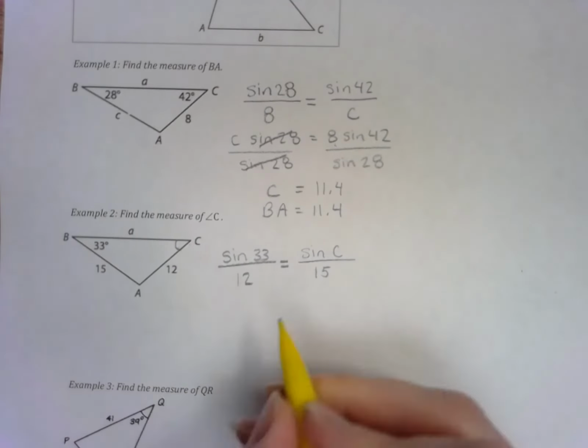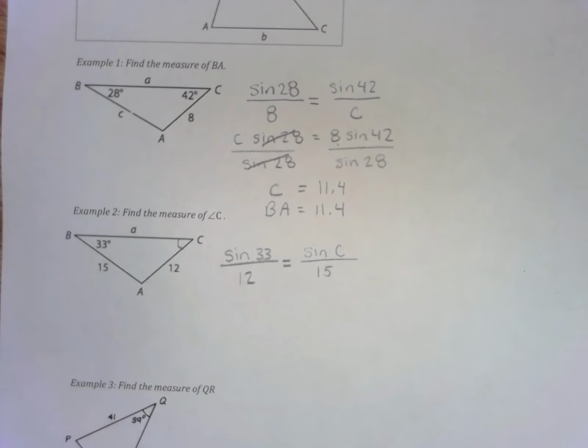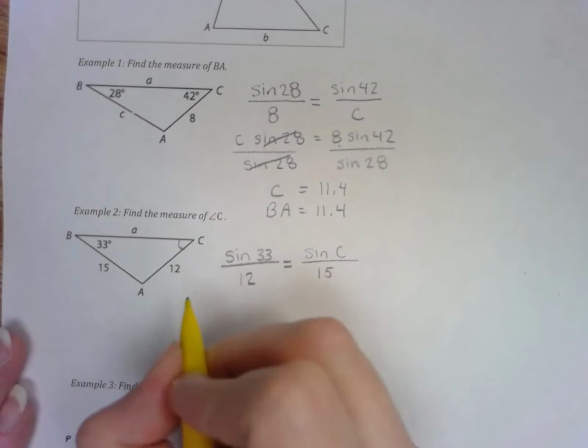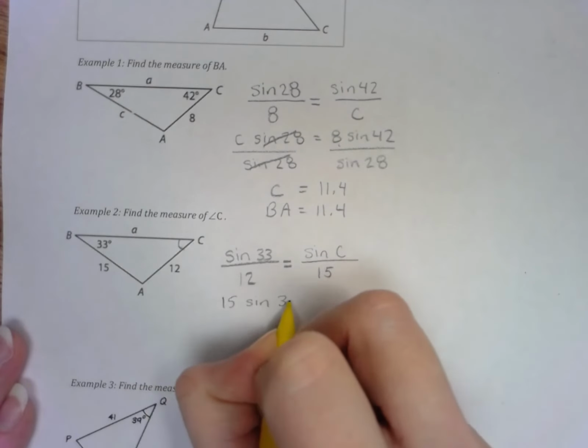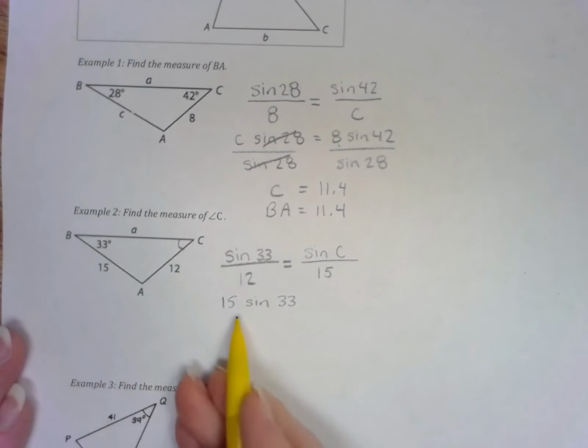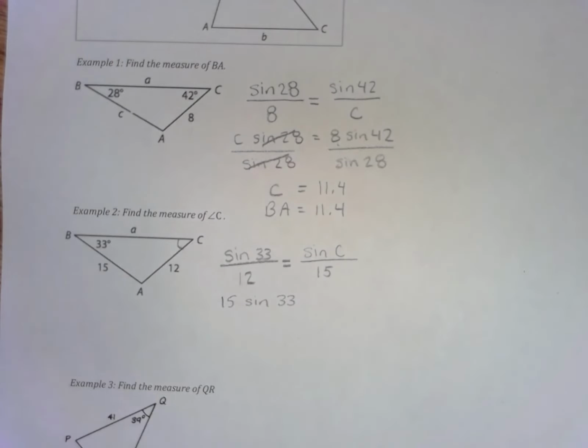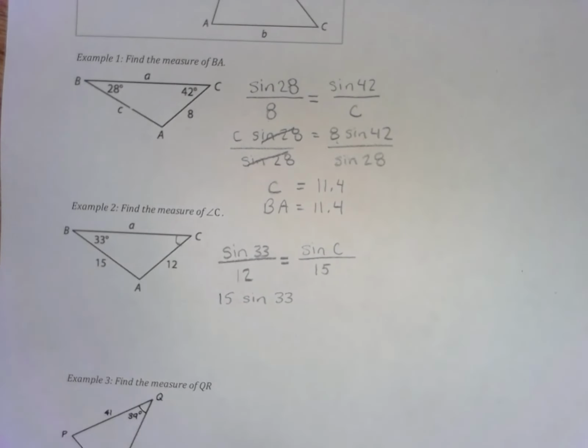So again, let's cross multiply now that we have our proportion. 15 sine of 33. And it is best to write it this way. If you write sine of 33 times 15, sometimes we accidentally type that inside of the sine parentheses when the 15 is not part of that.